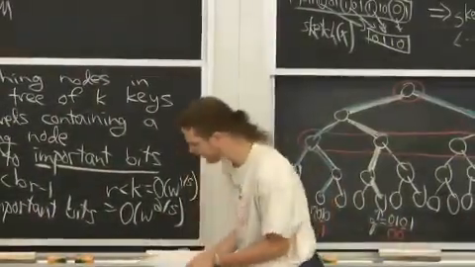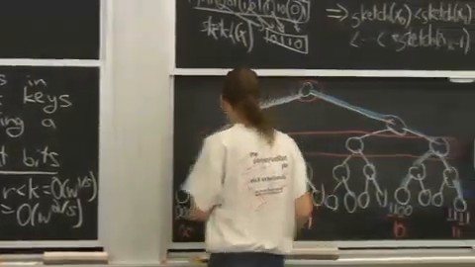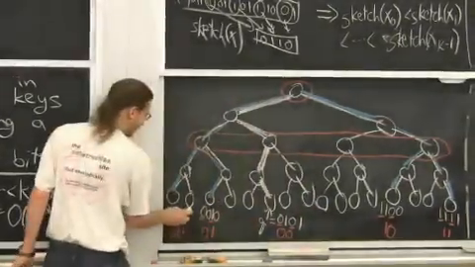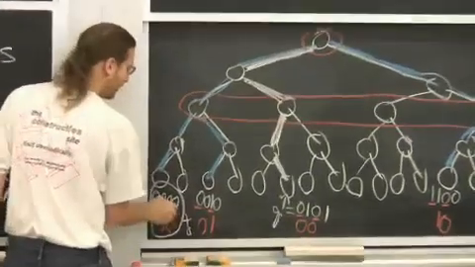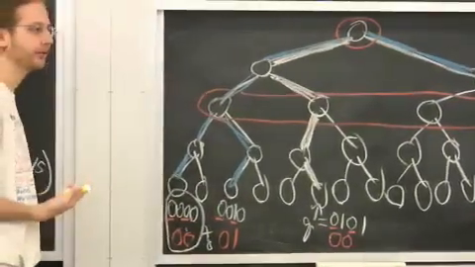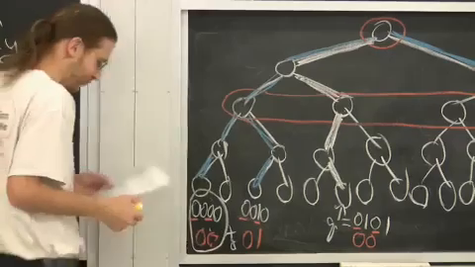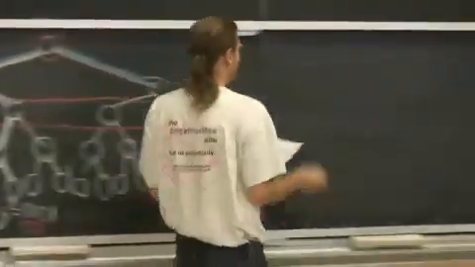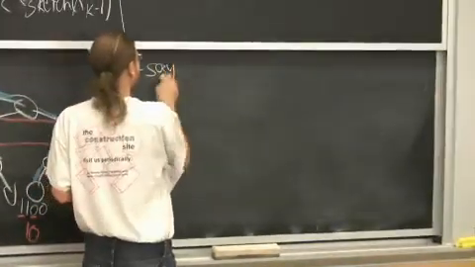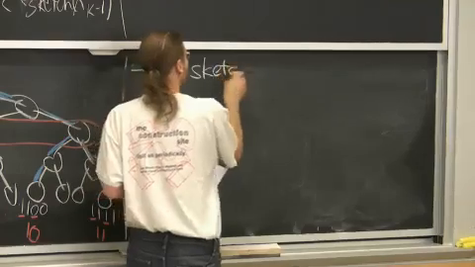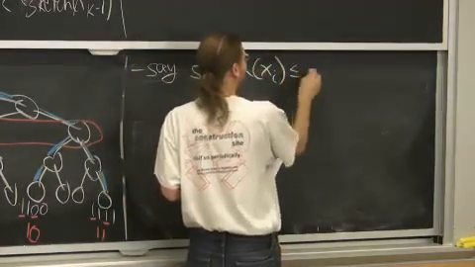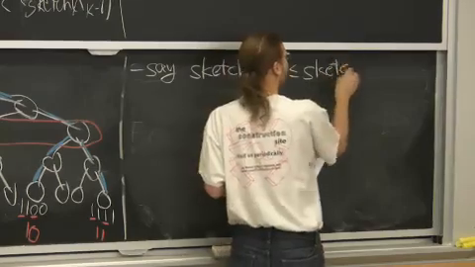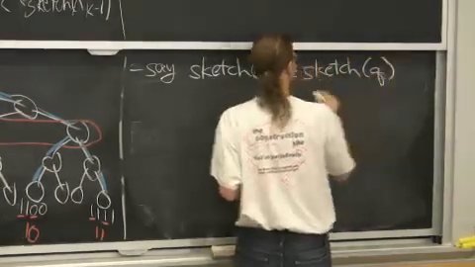This is the de-sketchification. I claim, so when I do this query, I end up finding this guy, x0. I claim that I can still use that for something interesting. Okay, let's say we have a sketch of xi as the predecessor of the sketch of q.